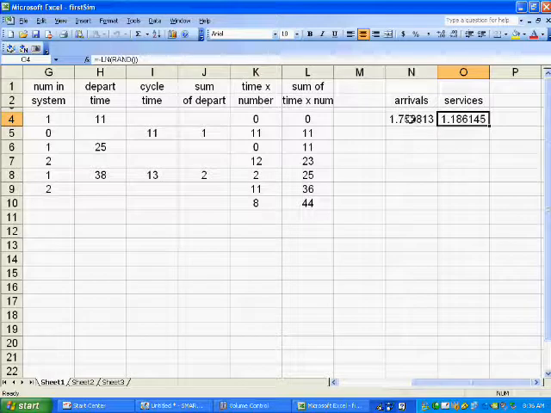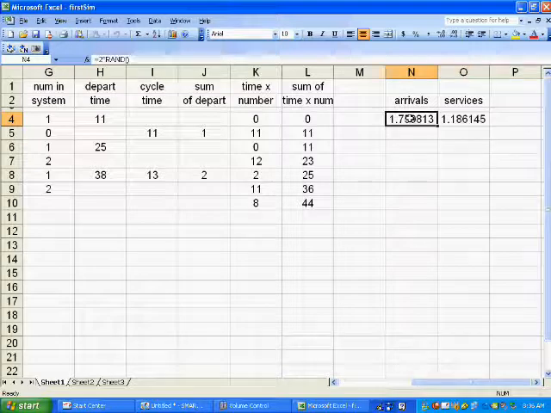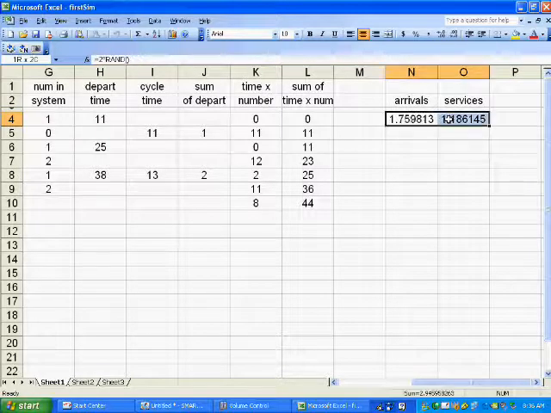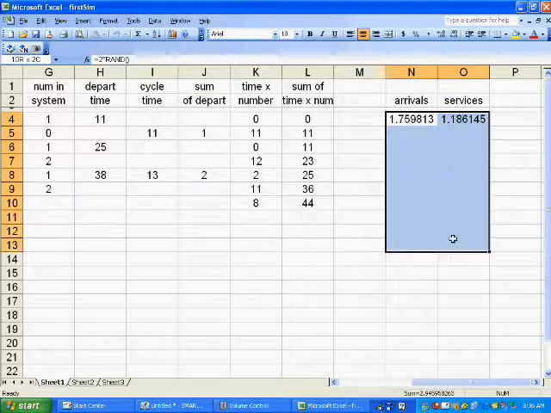Okay, basically the concept is we can generate our stream of random numbers and then use them when necessary. If you don't want to hit the F9 key every time, here we have arrivals, that's 2 times random number. Here we have services, minus log times random number. I'm going to copy those down.